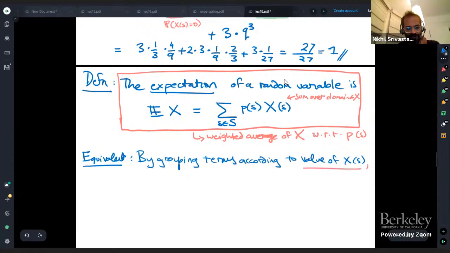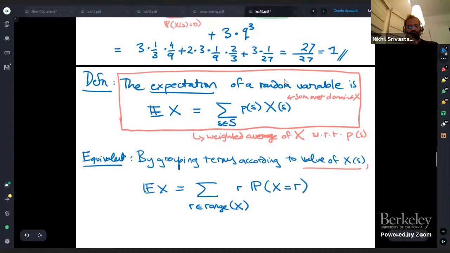You get that the expectation of X is equal to the sum over all little r in the range of this function X, in the way that we defined in chapter 2, of the value of the function, which is r, times the probability that X equals r. So there's an equivalent, often more useful definition.